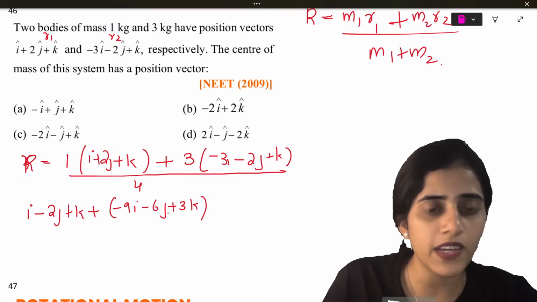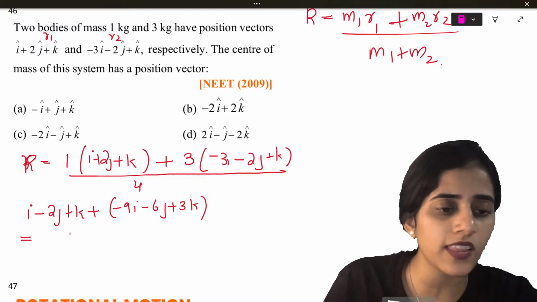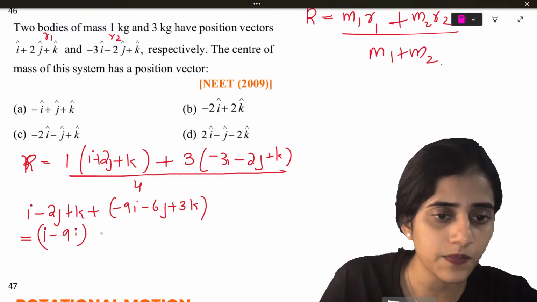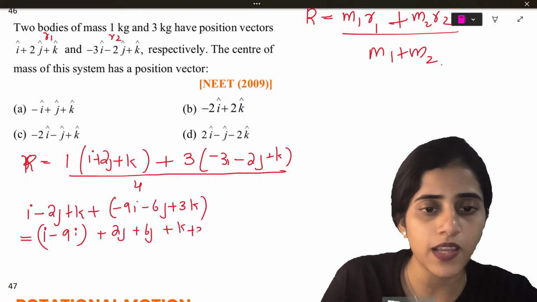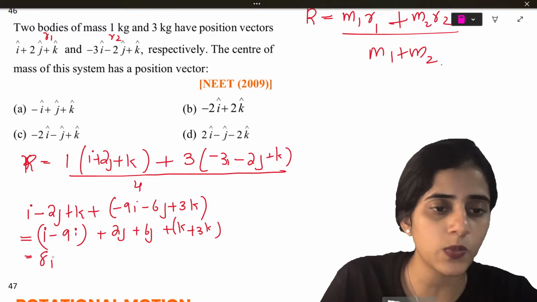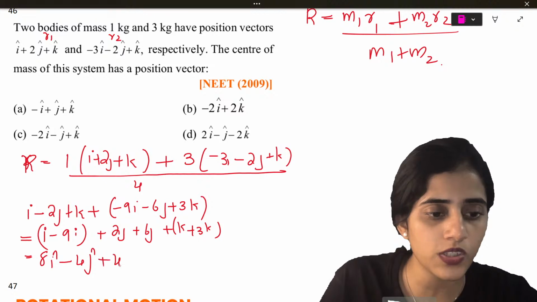The whole by 4 I'll put at the end. Taking all the i terms common, i minus 9i, and 2j plus 6j, plus k plus 3k. So this is going to be equal to minus 8i cap minus 4j cap plus 4k cap.